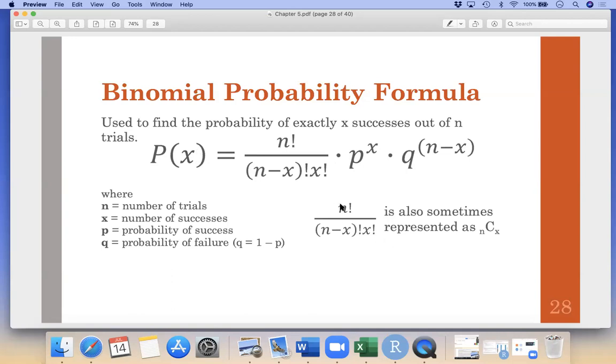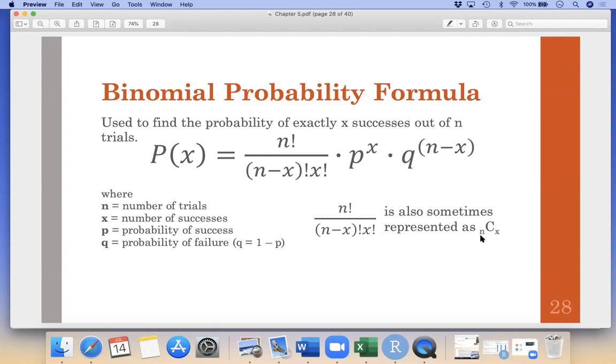Okay, then what is this part? This is not a special thing, because you know what this is. This is the factorial mark. So this is a factorial number. Here again factorial number, factorial number. So if you take this as one whole part, we can represent this in this way also.